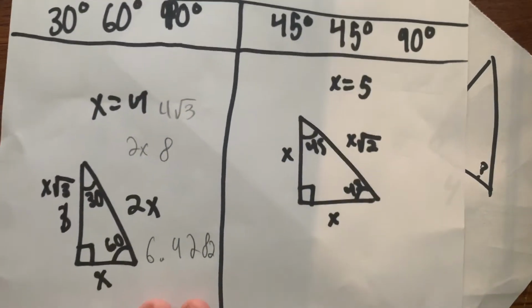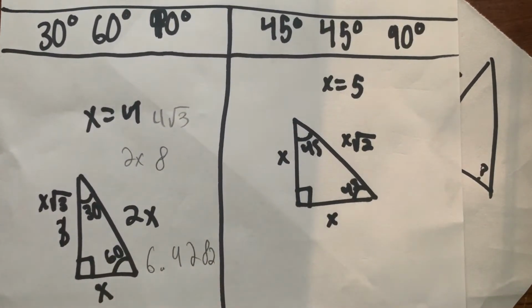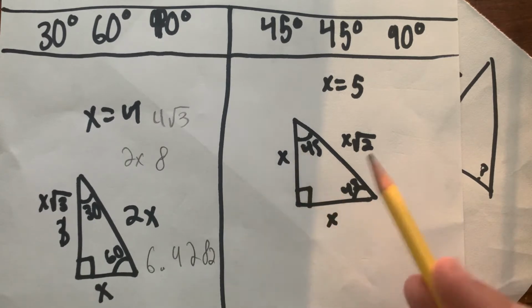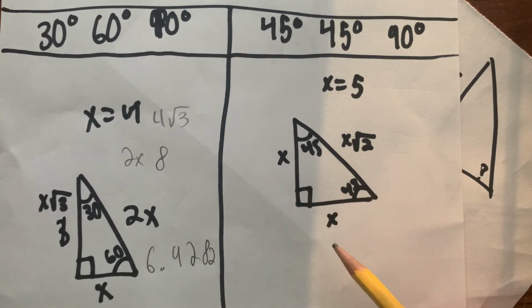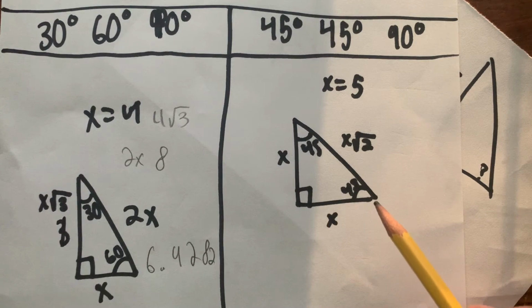Then moving over to 45-45-90, which is very simple, and they're very easy to notice. You just need 45 in one angle, like the one I was pointing out a long time ago. Then you have your x and your x, so both of the legs are the same length.